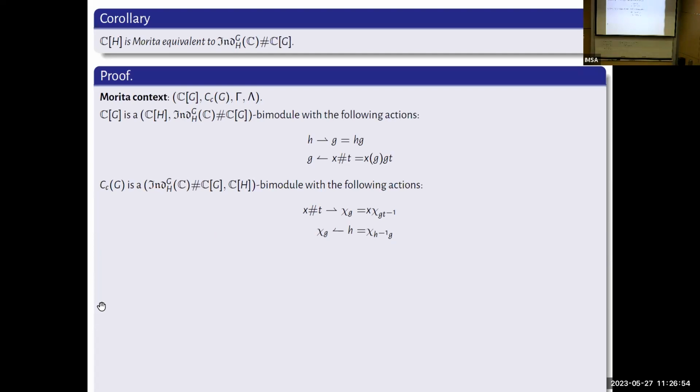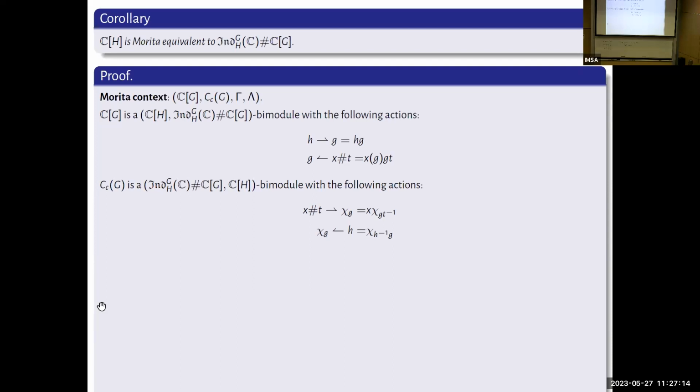So the Morita context is given by these bimodules, and this will be gamma and lambda will be the algebra. So we have that the group algebra over G has a left action of the group algebra over H, just by H with the group.